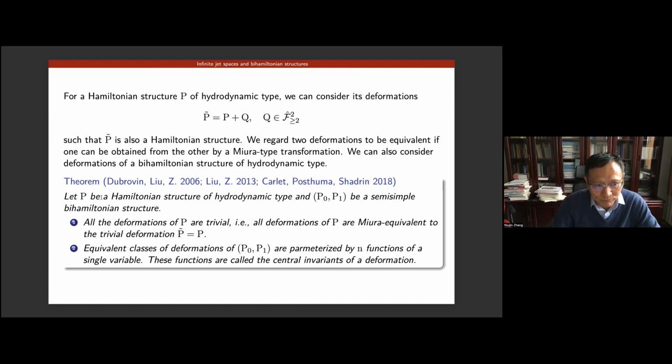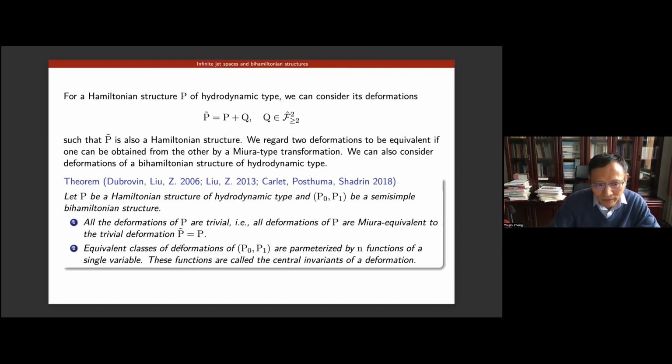That says let P be a Hamiltonian structure of hydrodynamic type, and P0, P1 is a semi-simple bihamiltonian structure of hydrodynamic type. Then any deformation of this Hamiltonian structure is always trivial. So that means any deformation can be reduced by a Miura type transformation.